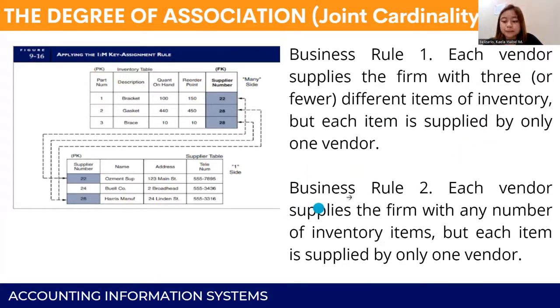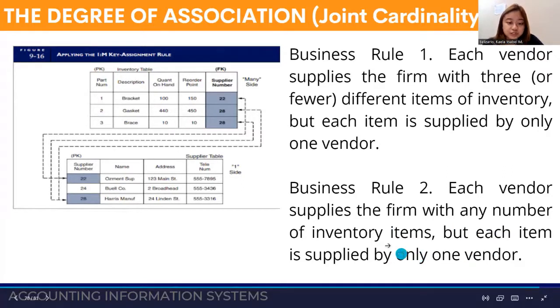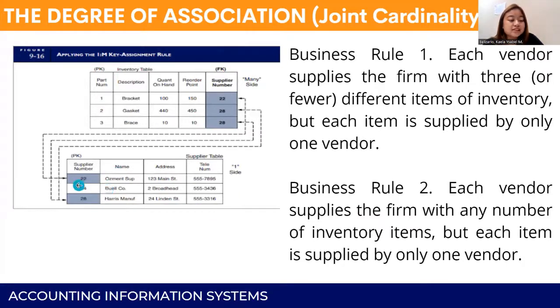Next is business rule number 2. So each vendor supplies the firm with any number of inventory items, but each item is supplied by only one vendor. So si naman, supplier number 22 naman, makikita rin natin na nagsusupply din siya with any number of inventory items.